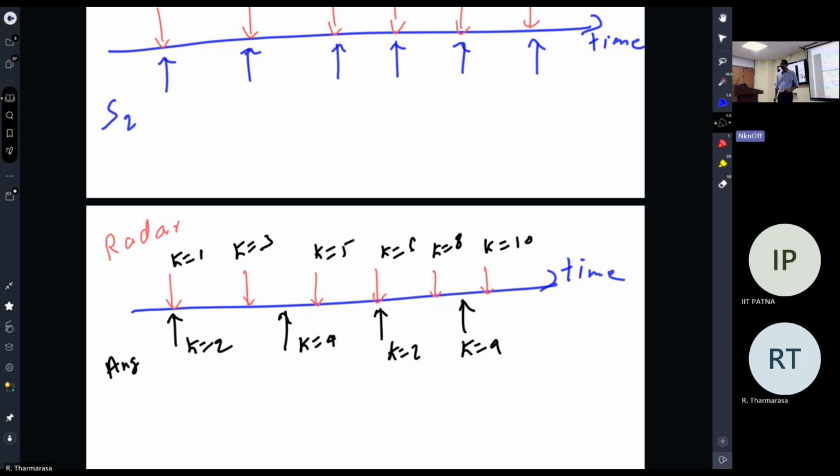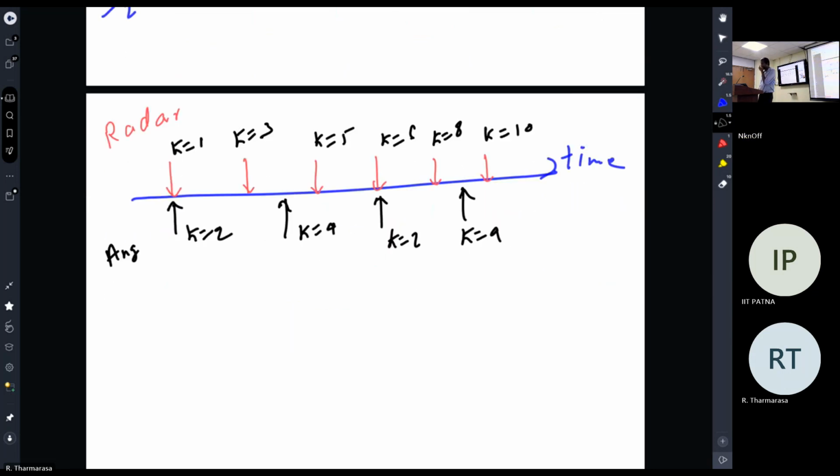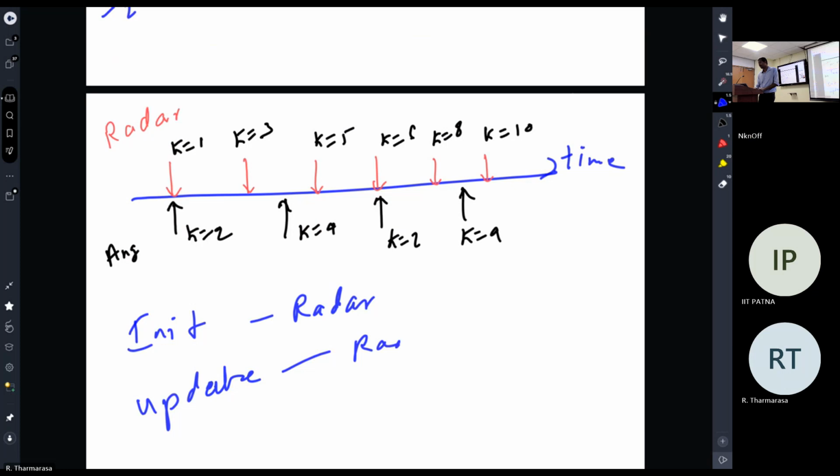So what we do is, let's start with the tracking problem first. So we want to initialize track. How do we initialize track in this case? One simple approach usually we can do, but that's not an optimal way. You initialize track only with radar, but update with radar and angle only.